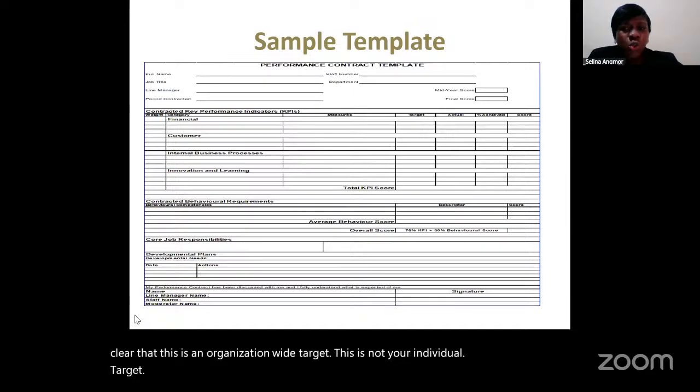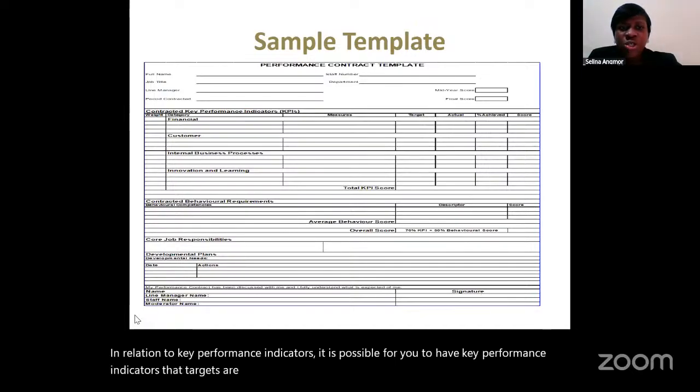In relation to key performance indicators, it is possible for you to have key performance indicators that targets are not set against. So it's not all the KPIs that will have targets. Your supervisor will set a target for each year.